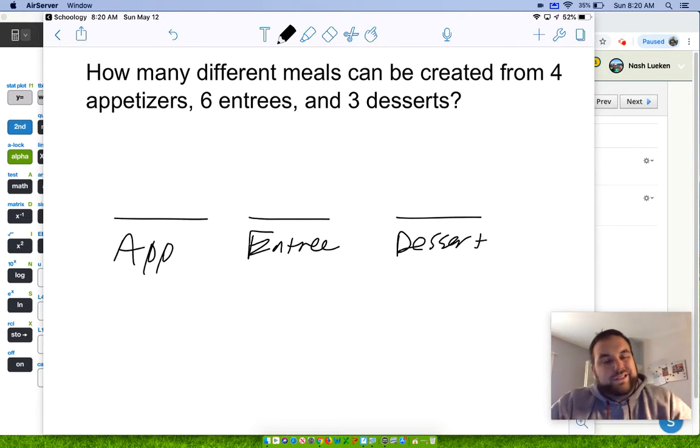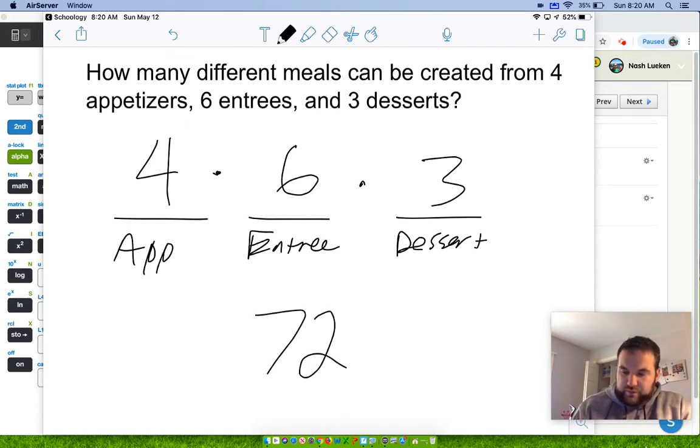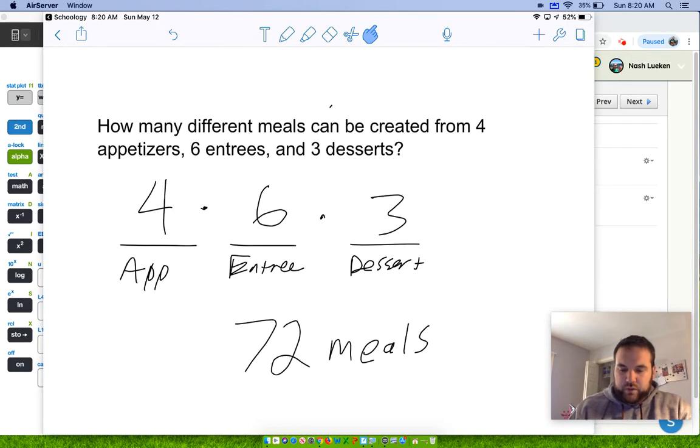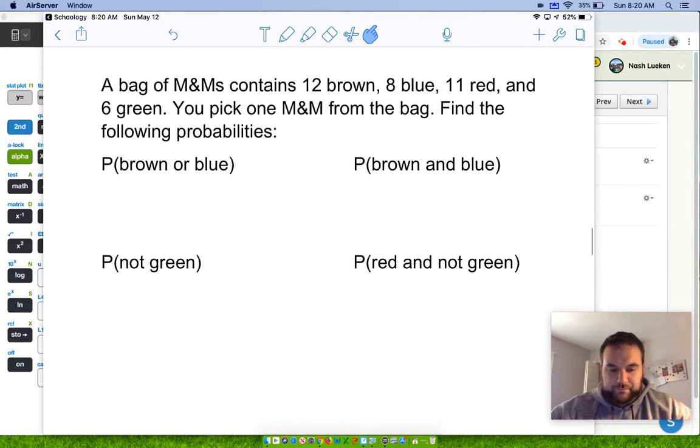So again, this is not going to be a permutation or a combination. We're just going to fill out the number of possibilities in each category. So I got 4 appetizers, 6 entrees, and 3 desserts. Multiply all those together. I get 72 different meals that could be chosen. So that is the third way of counting possibilities very quickly.